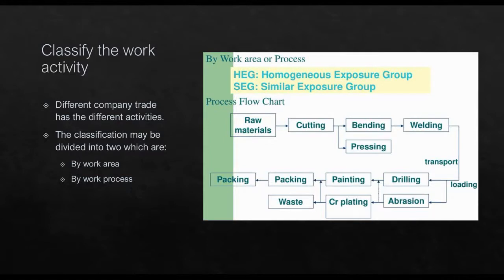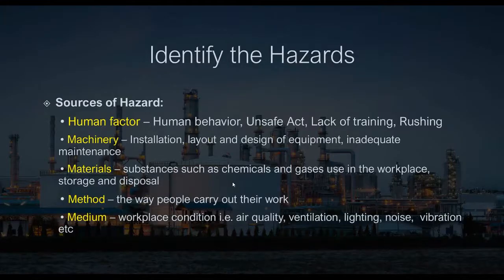And then the bending also, pressing. So what is the lowest risk in this process? It might be that the packing process is the lowest risk. Okay, next, identify the hazard.